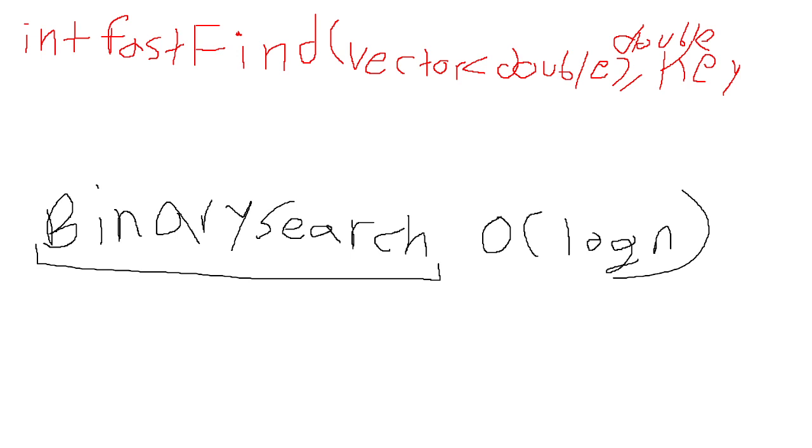Now, we want to make it faster. It must run in order of log of k. What this means is we want to search a specific area. We don't want to look at every single item.